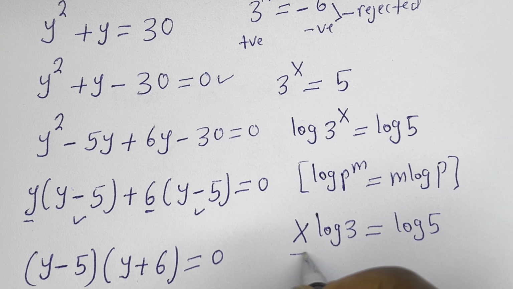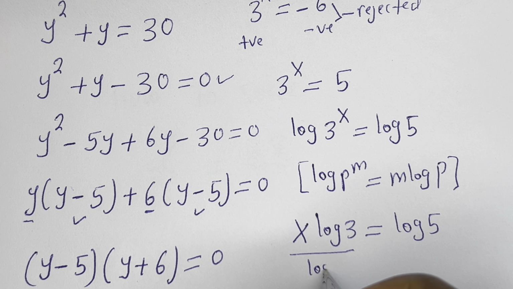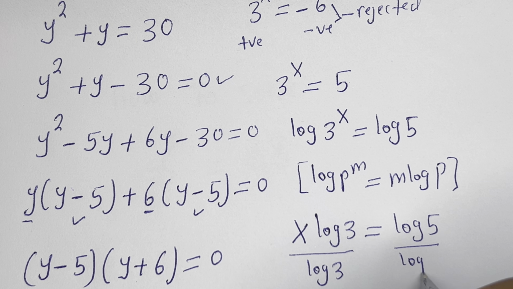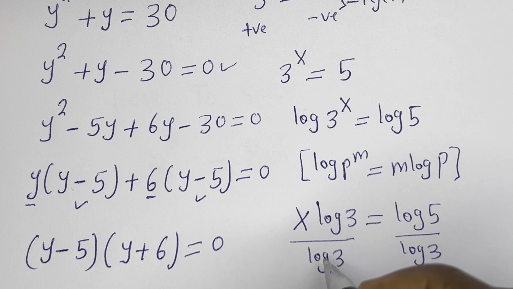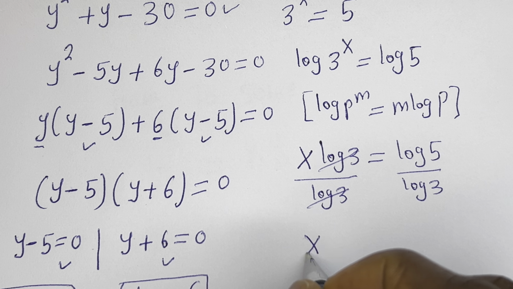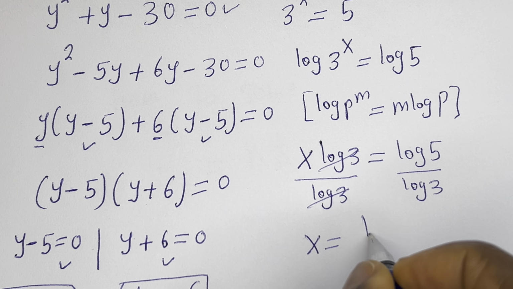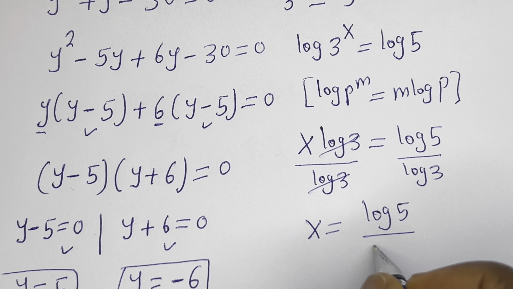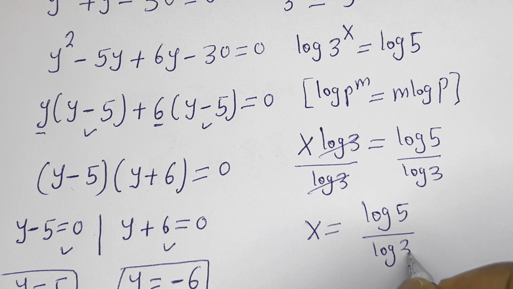Let's divide both sides of this equation by log 3. This will cancel this. x is equal to log 5 divided by log 3.